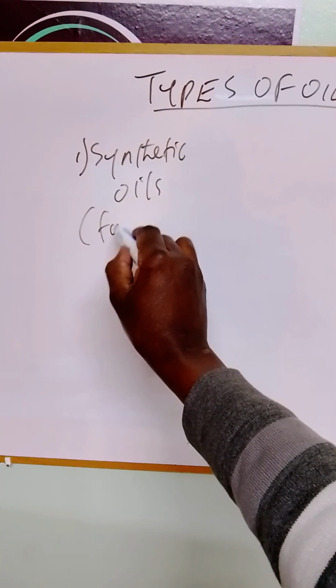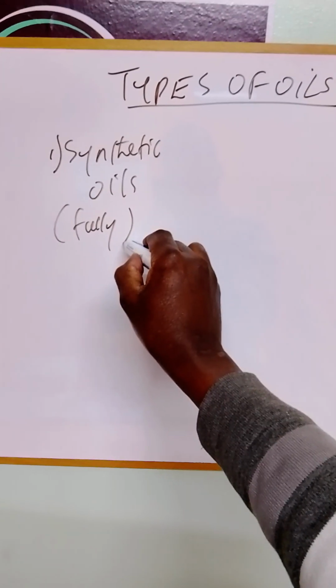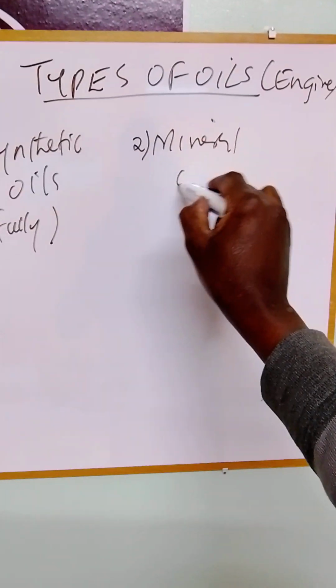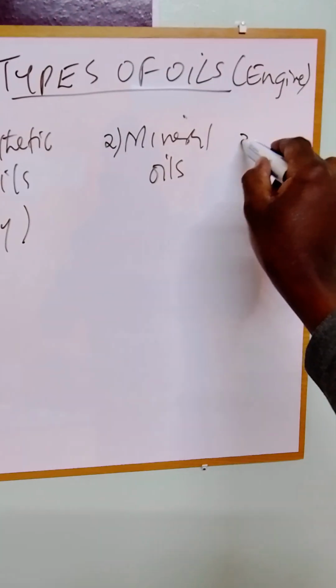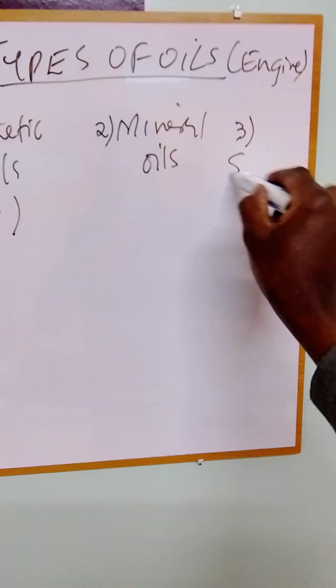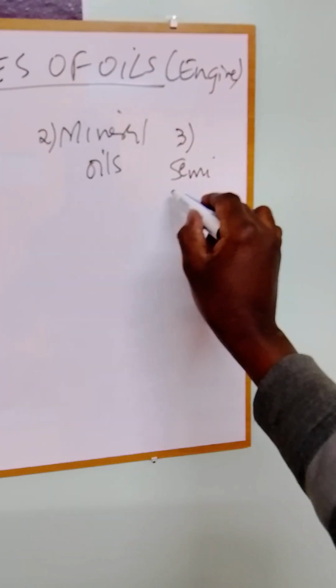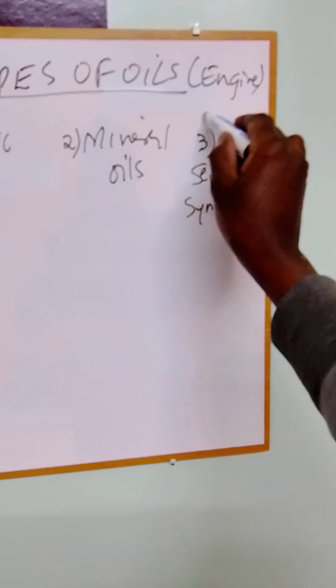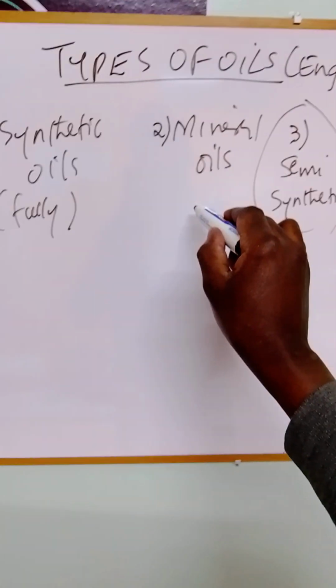Most of them are usually known as fully synthetic. Then number 2, we have the mineral oils. And then number 3, we have semi-synthetic. So this third one is just a mixture or a combination of both mineral oil and synthetic oil.